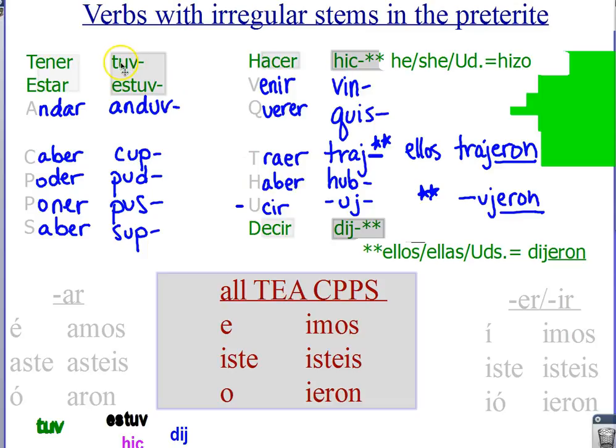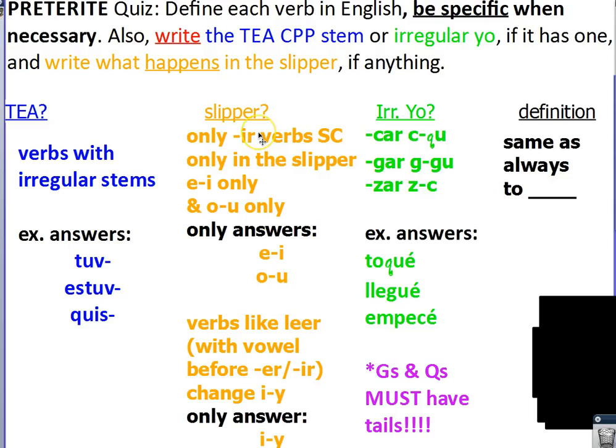Again, if it's a teacup, you take the teacup stem and you put it in front of all 6 teacup endings. So it can't have an irregular yo. It can't be affected in the slipper. It's a teacup in all 6 boxes.